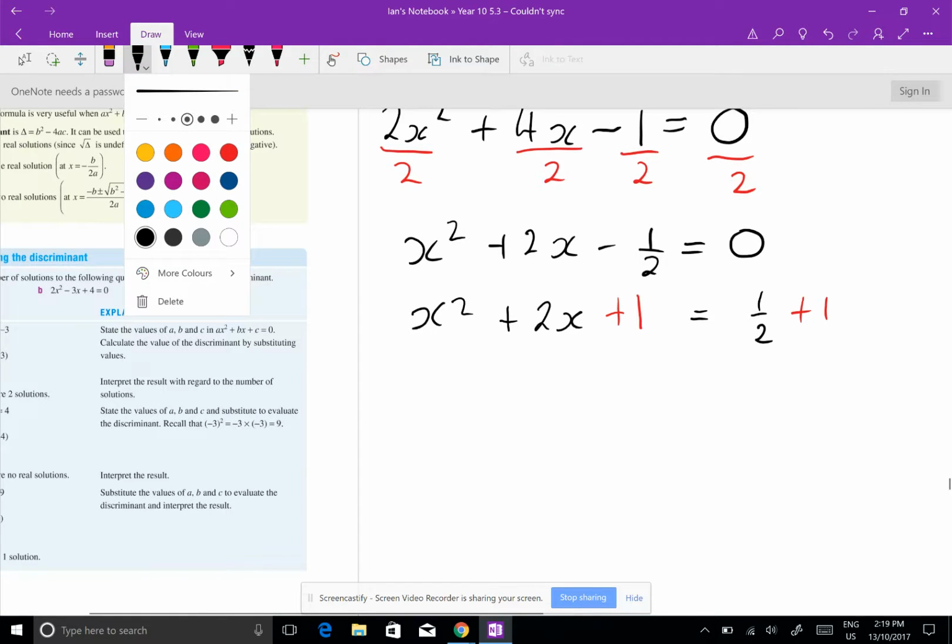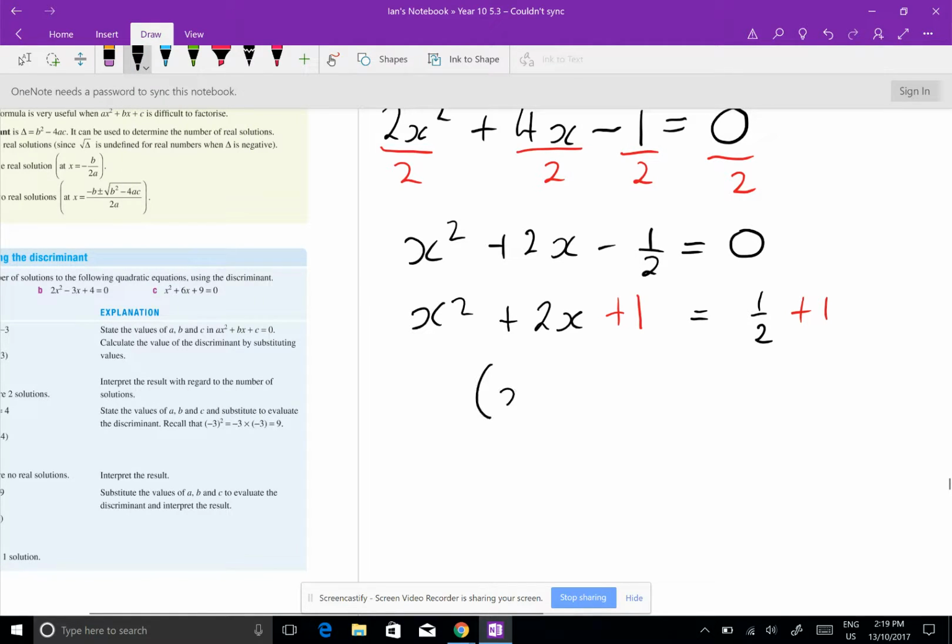This becomes x plus 1 all squared, and this becomes 3 on 2. Square root both sides, so we get x plus 1 equals plus or minus the square root of 3 on 2.